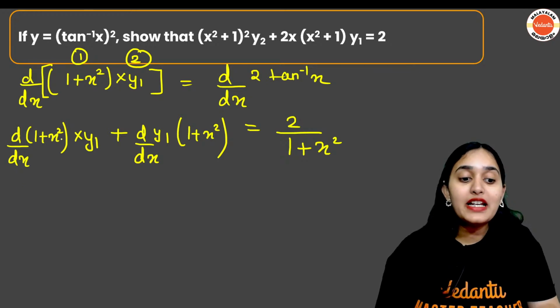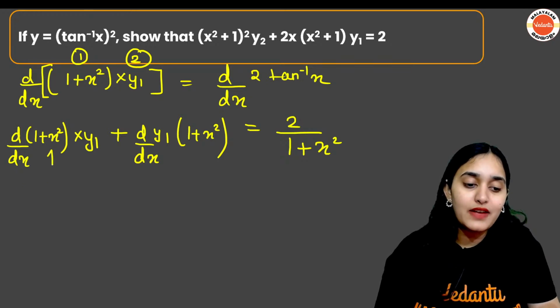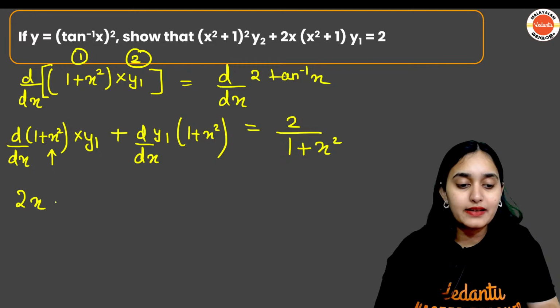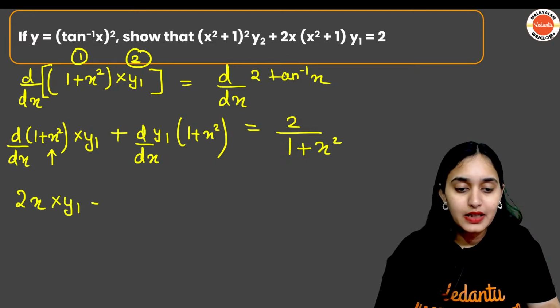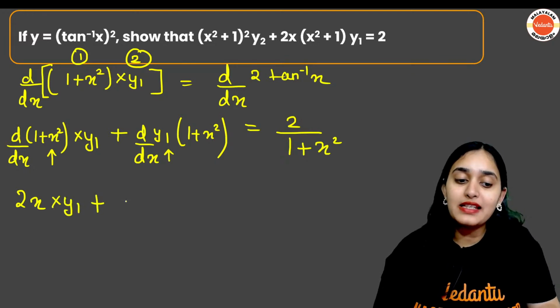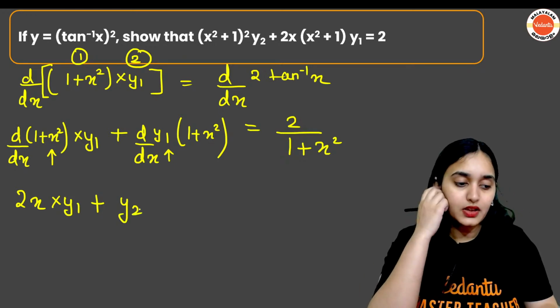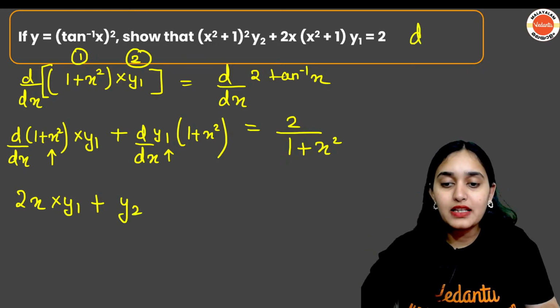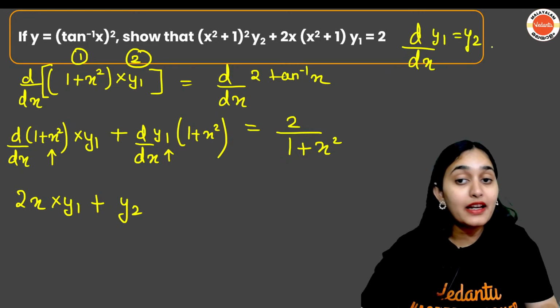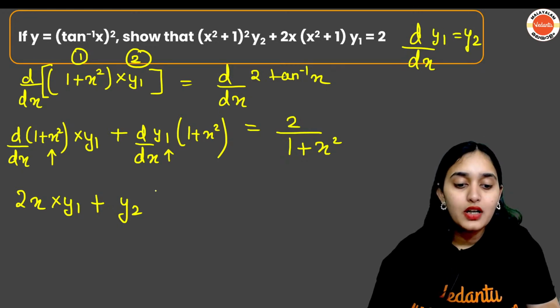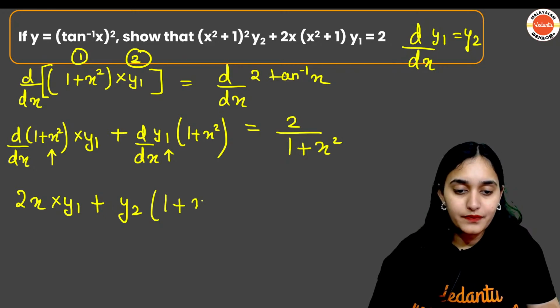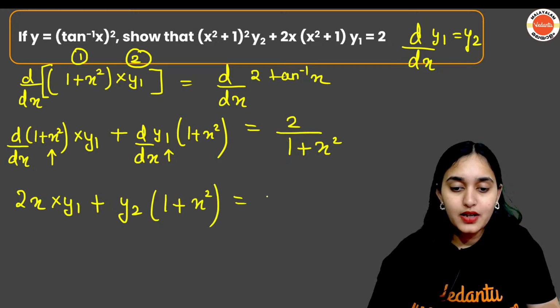Simplify this. What is the differentiation of 1 plus x square? You get 2x into y1, plus the differentiation of y1, which is y2, right? If you differentiate the first order derivative, you get the second order derivative. So it is y2 into 1 plus x square is equal to 2 upon 1 plus x square.